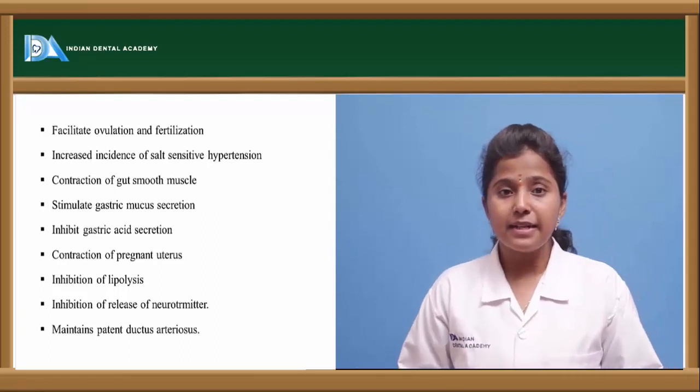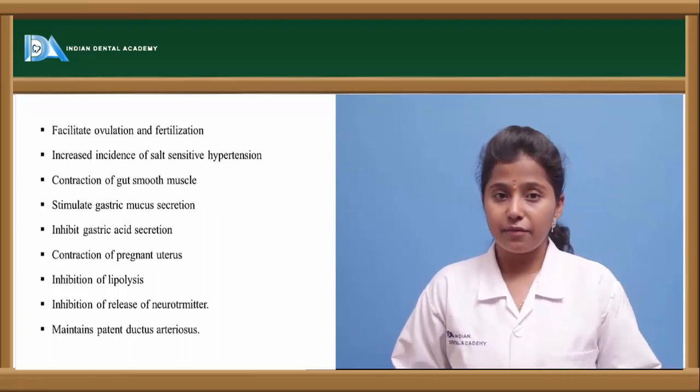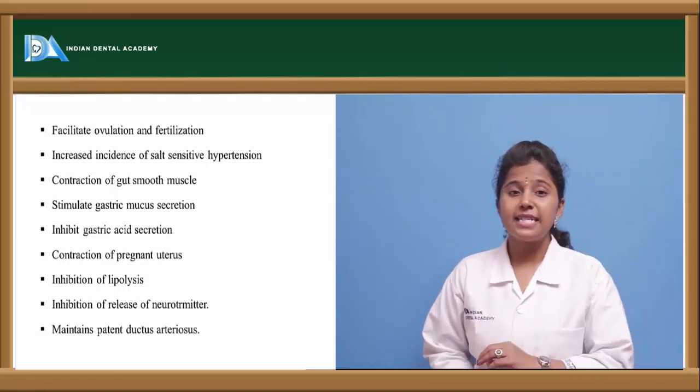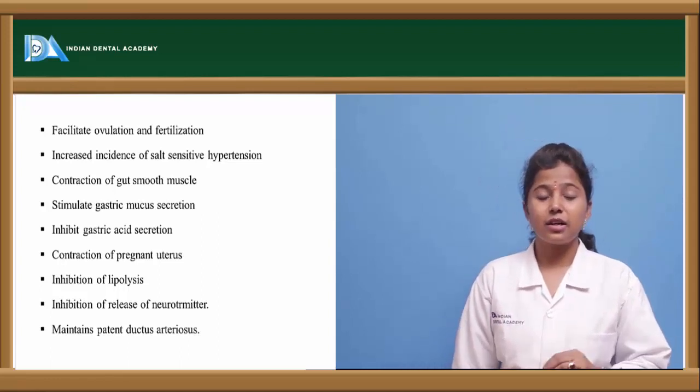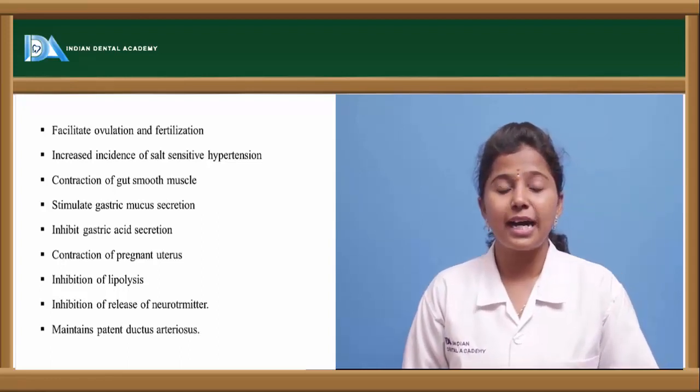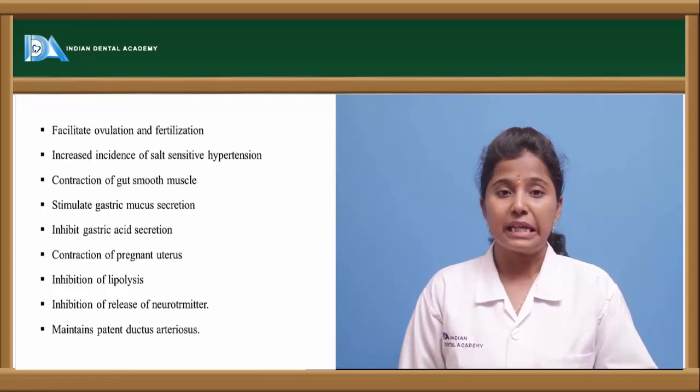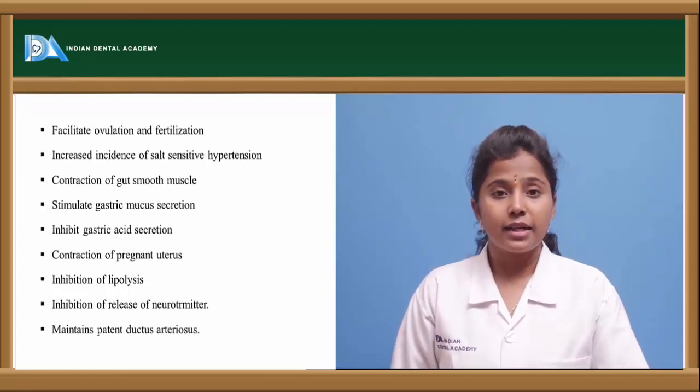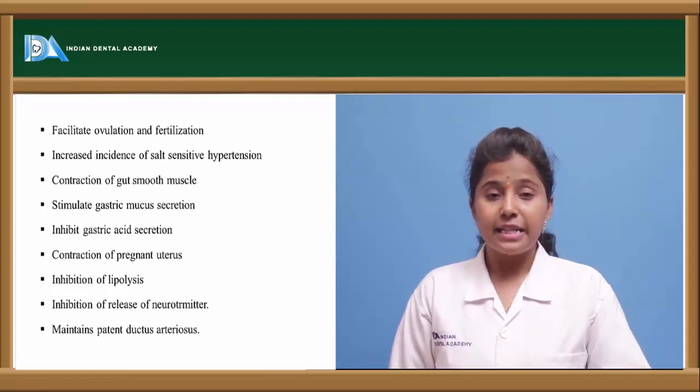So in females it causes ovulation and fertilization. And for GIT secretions, there are various secretions like pancreatic secretions, gastric juice secretions and intestinal secretions.